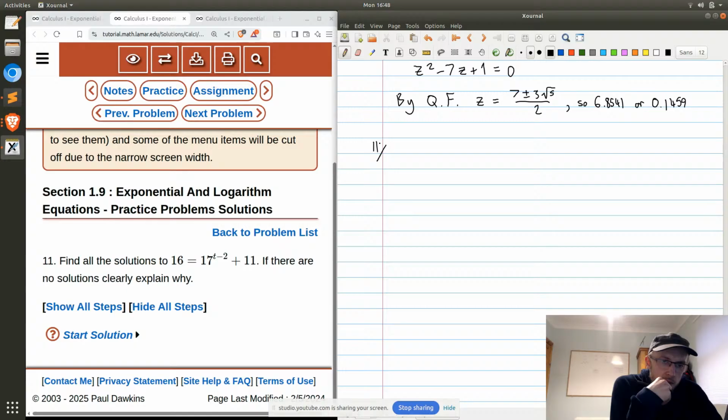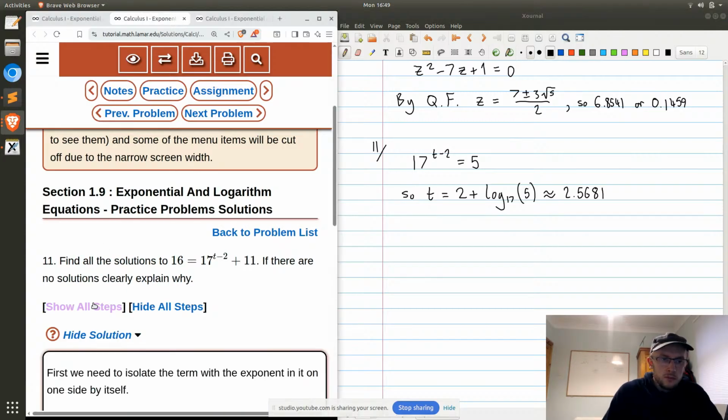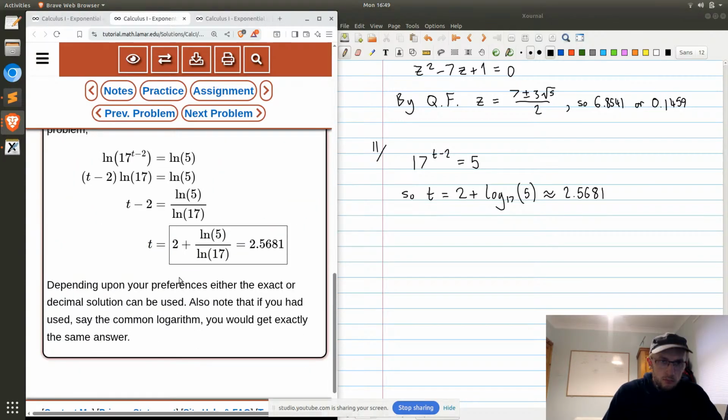Well, we took 11, so 5 equals 17 to the t minus 2. Log base 17. Good.